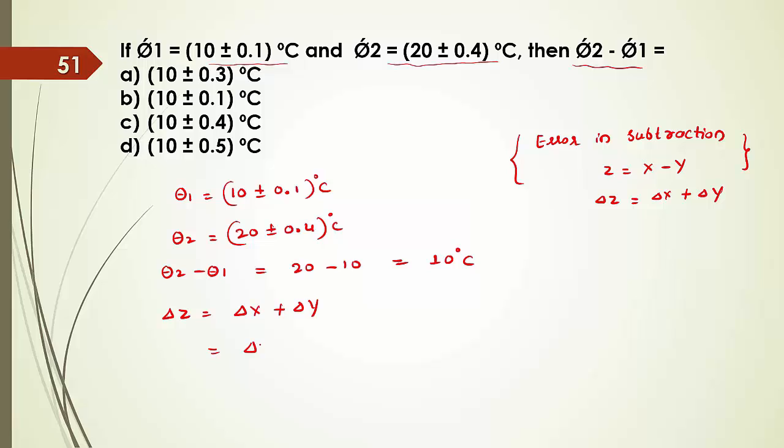Here we substitute delta theta 1 plus delta theta 2. Delta theta 1 is 0.1 plus delta theta 2 is 0.4, so 0.5 degrees Celsius. So the final result is 10 plus or minus 0.5 degree Celsius, which means option D is right.